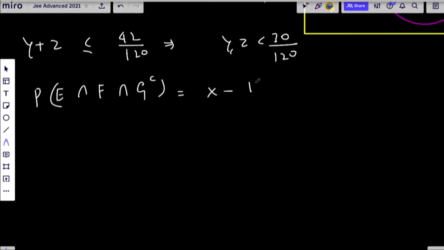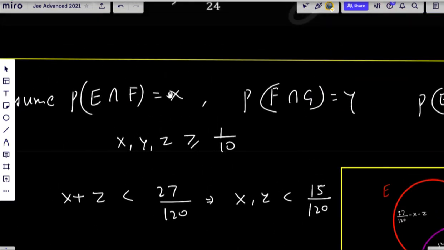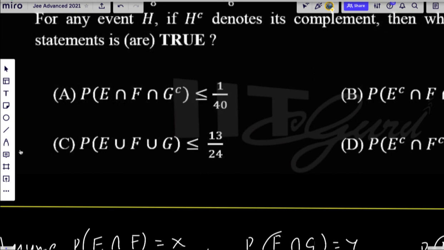So x minus 12 upon 120, right? So solving this, x minus 12 upon 120 is less or equal to, of course, 3 upon 120, which is 1 by 40. So you can check this option is also correct. Yes, less or equal to 1 by 40. This option is correct. Anyhow, come to another option.